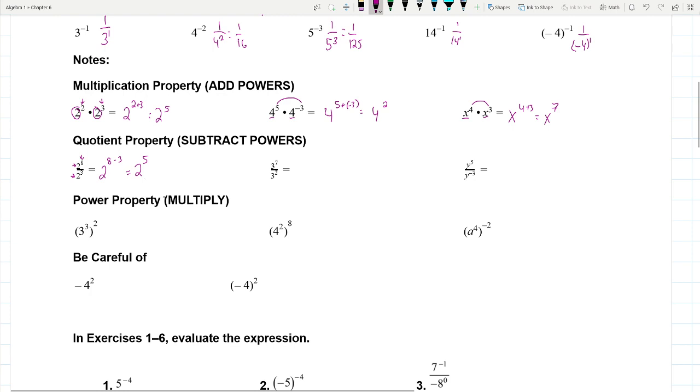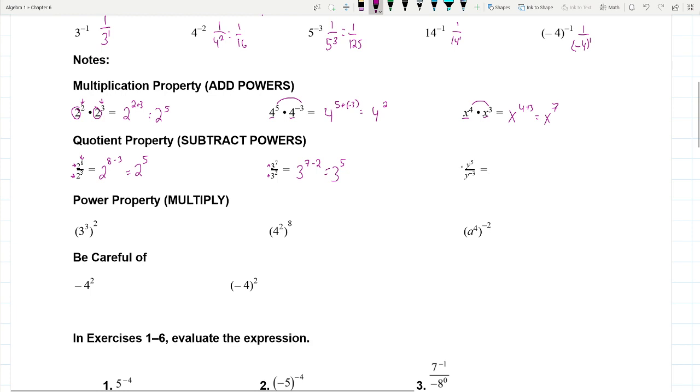For the next one, I again look and I have the same base, a 3 and a 3. So my base here is 3. Then I go 7, because the one on top goes first, minus 2. So this is 3, and 7 minus 2 is 5.